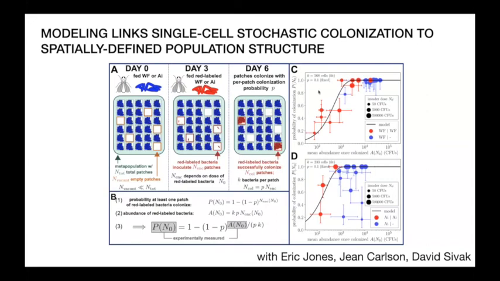And so we've done these experiments that I'll hopefully have a little bit of time to talk about, where we feed an initial dose of bacteria, and then we challenge them with a secondary colonization. We see what percentage of the flies become colonized by the secondary dose. And we see that different strains of bacteria have different phenotypes here, but we measure the mean once colonized, and we get the probability of colonization as a function of that.